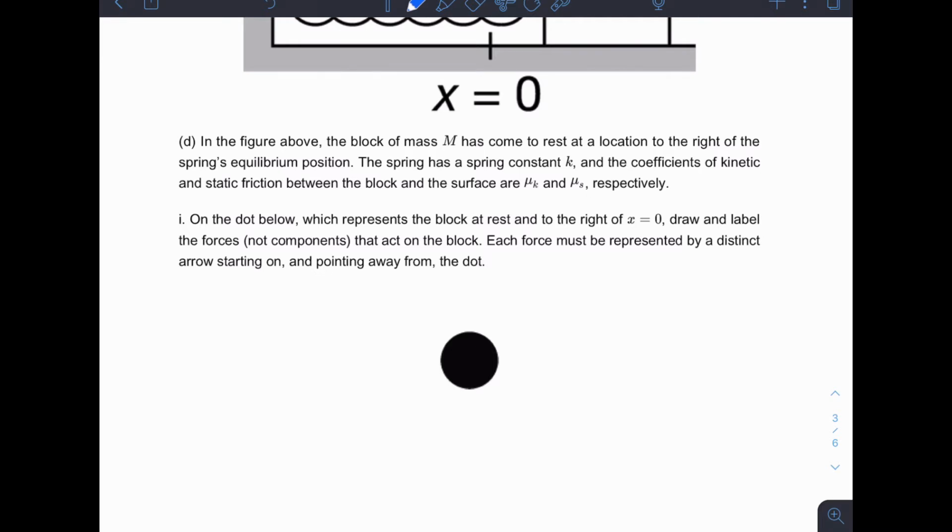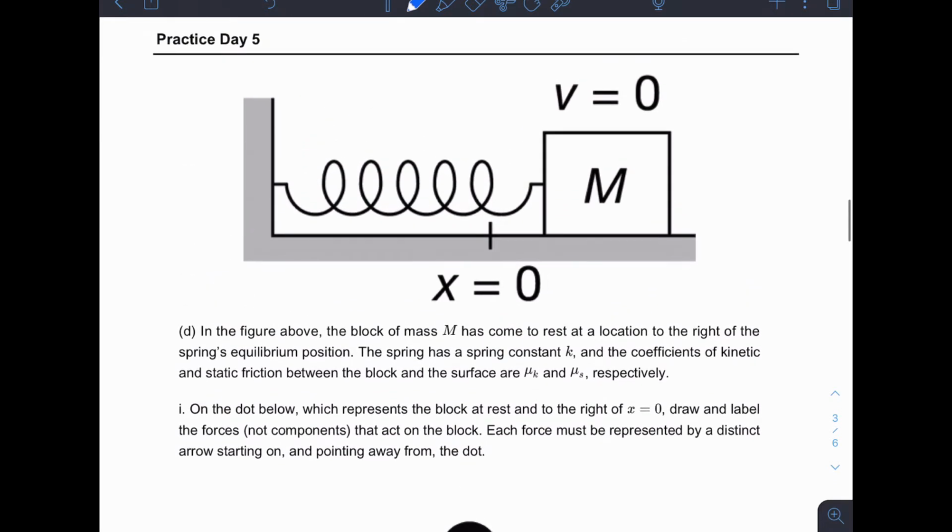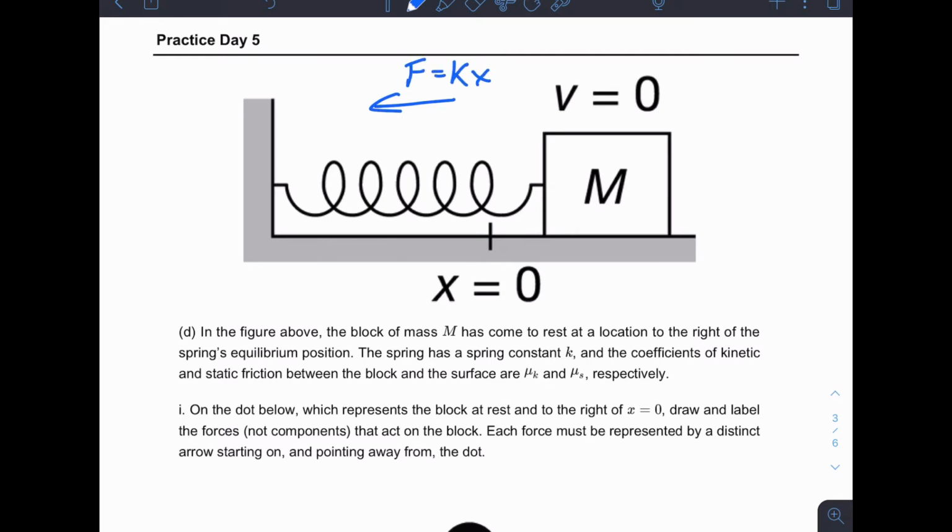So now we have the same situation, except the spring has been displaced, and we're told it's come to rest. So if it's come to rest, that means there's a force from the spring, Hooke's law, in that direction. And if it's at rest, that means there's a force of friction, Fk, in that direction.